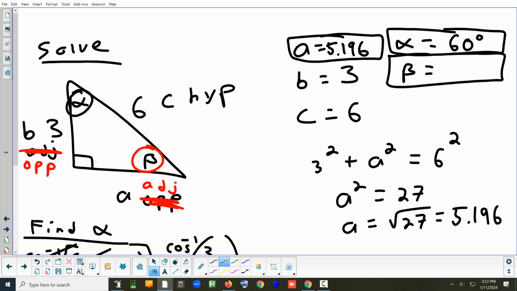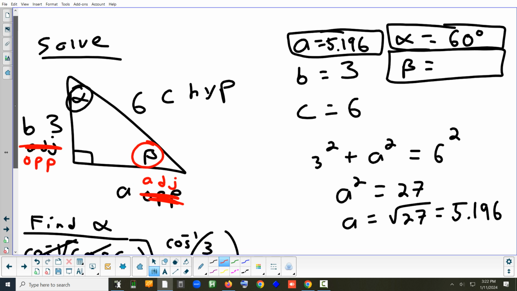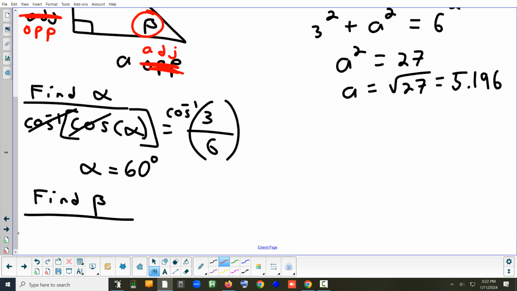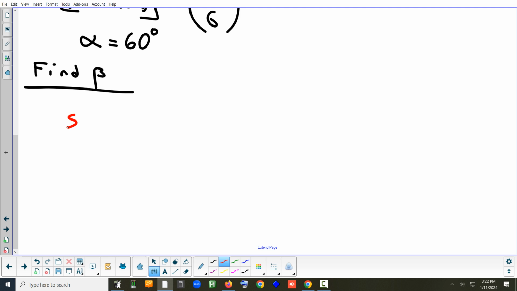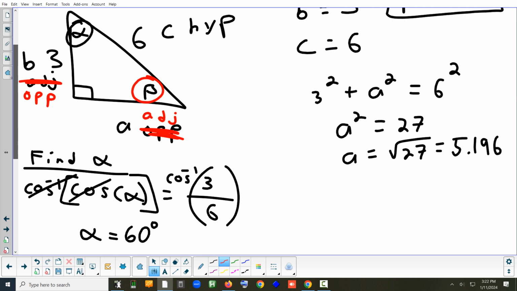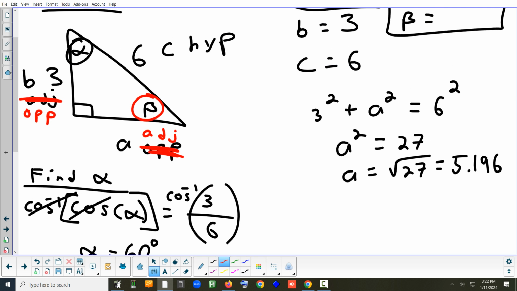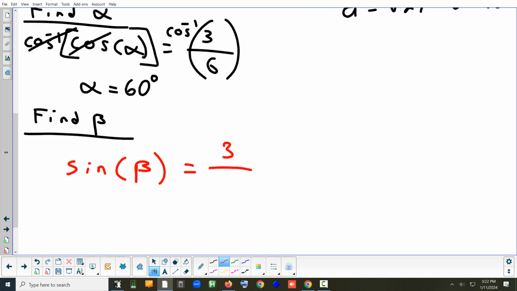And the two sides that we know are opposite and hypotenuse. Which trig function is that? Sine. Yep. So sine theta is my angle. And what's opposite over hypotenuse in this case? 3/6. Yeah, it's the same thing.